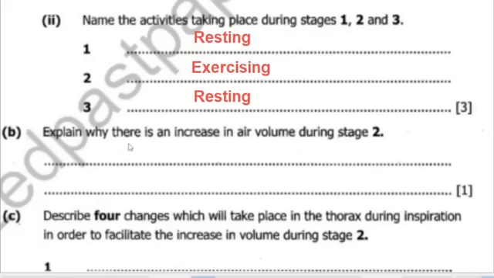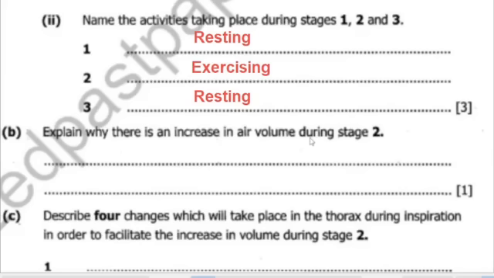Explain why there is an increase in air volume during stage 2. So they want us to explain why there is an increase in air volume during stage 2. So on stage 2, that is where I've seen that the person is doing some exercises. Okay, so when this person is doing some exercises, there will be an increase in air volume because the person wants to allow more oxygen to be absorbed.